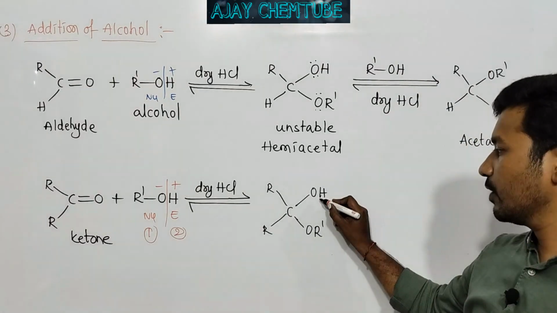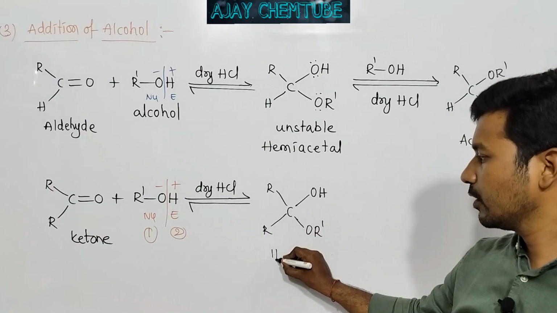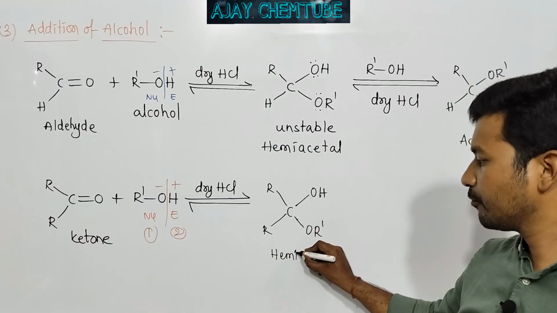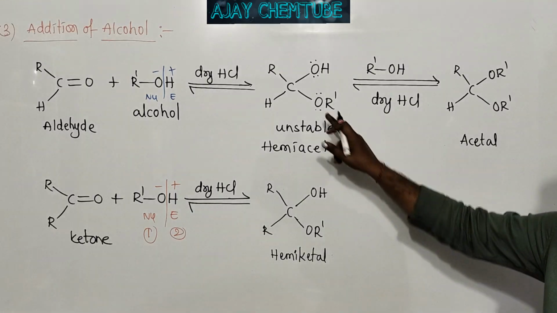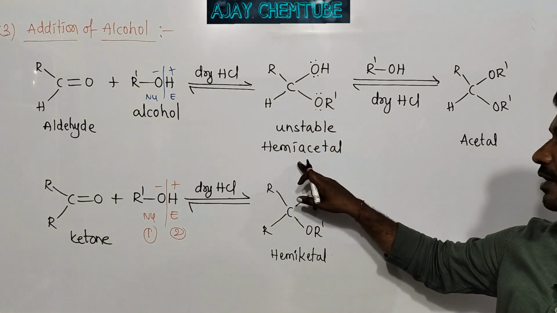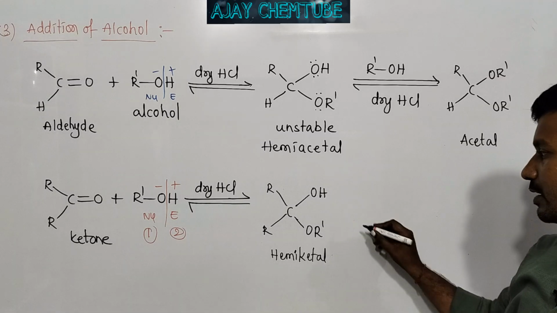On the secondary carbon, OH group and OR group are present. Of course, this is unstable. This is hemiketal. On primary carbon, OH and OR present is hemiacetal; on secondary carbon, OR and OH present is hemiketal.